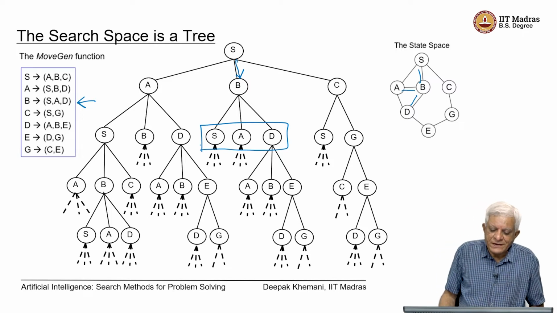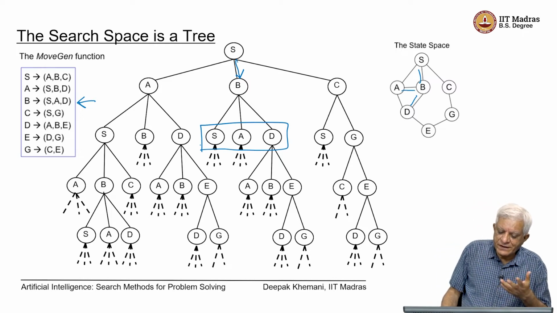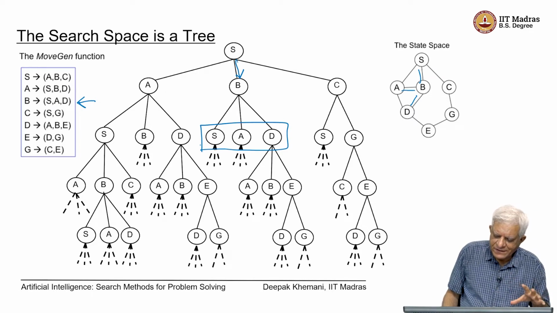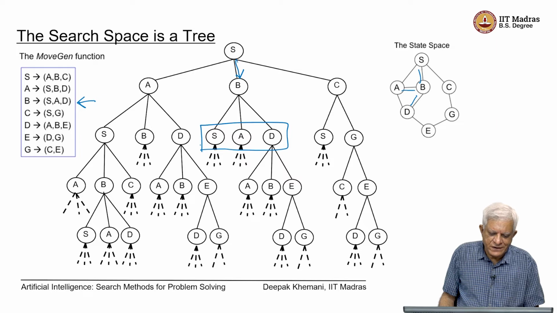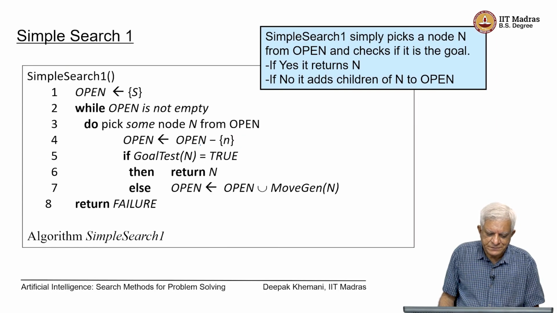You can go from S to B, and from B you have a choice of going to either S, A or D; then again you have to choose, and so on. That is the general idea: the search space is different from the state space. The search space is where the algorithm is searching for the goal node.